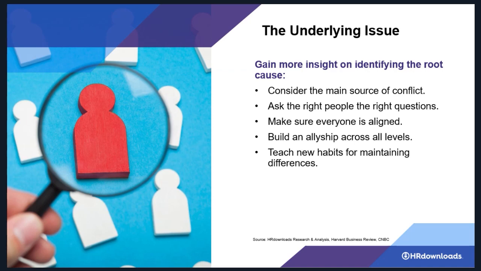Then it's asking the right people the right questions. Our first instinct when there is a problem is to go straight to the top to get information. If there's a performance issue or a problem between employees, we tend to reach out to a manager and ask, what's going on? Why is this happening?